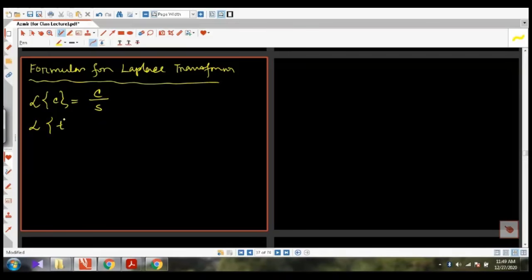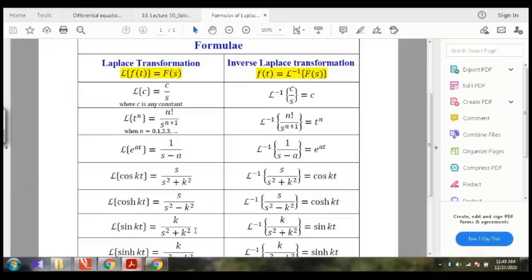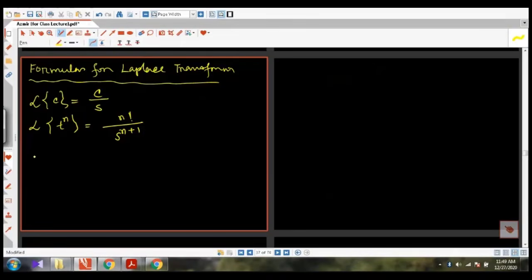The Laplace transformation of t to the power n is n factorial over s to the power n plus 1. I have given you the formulas, but we are just recalling them because we have to understand what inverse Laplace transformation is. Inverse Laplace transformation is based on the Laplace transformation formulas. So these are our prerequisite.